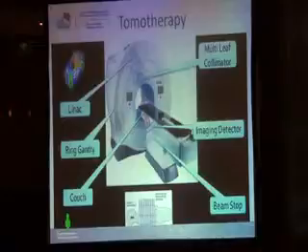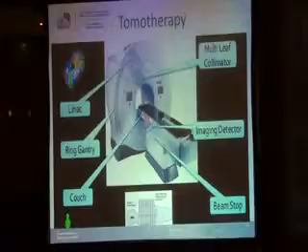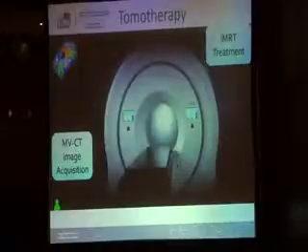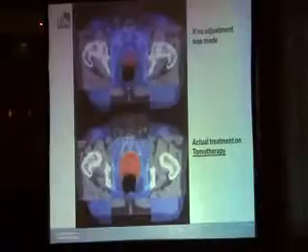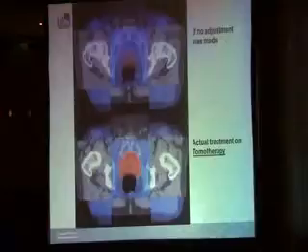So by this you can have the cone beam verification, and then you execute the treatment in the same position. This is the tomotherapy, and you have to adjust again daily according to the pictures that you will have.